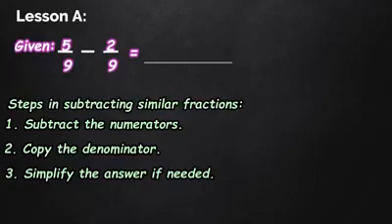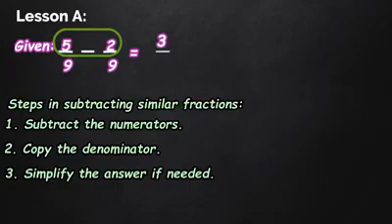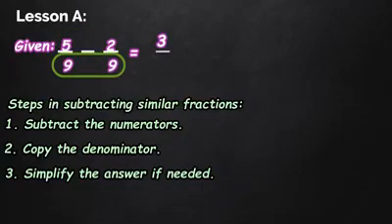So here is the solution. 5/9 minus 2/9 equals, first we have to subtract the numerators. 5 minus 2 equals 3. Second, copy the denominator, which is 9. So the answer is 3/9.